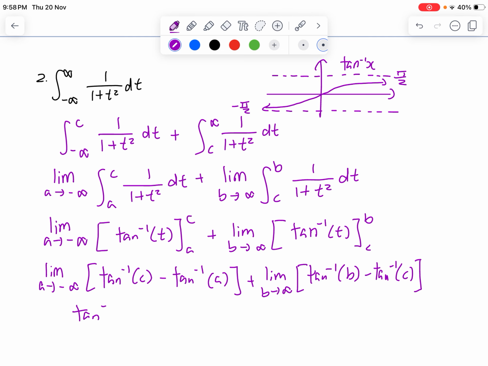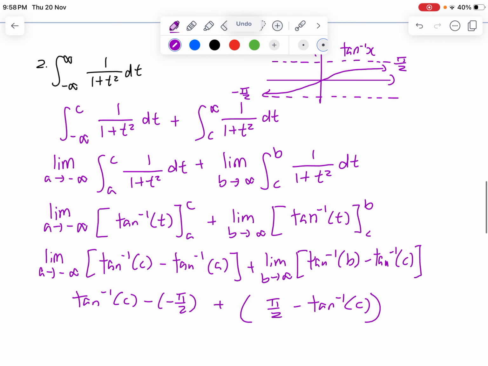So we have negative pi over 2 plus the limit. This time it goes to positive infinity, so inverse tangent as it goes to positive infinity approaches pi over 2. So we have pi over 2 minus tan inverse of c, which is just a number in this case.